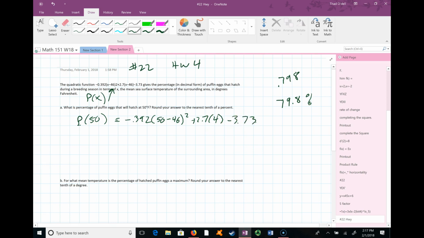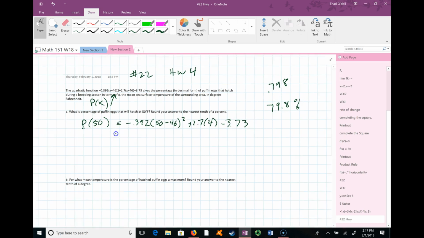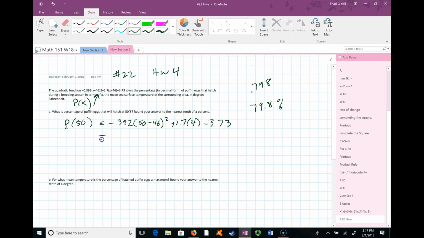If you plug this into a calculator, you should end up with approximately 0.798. So that's the decimal form. Then in my answer, I would put 79.8%. Of course, you don't write the percent. That's already there. You're just entering 79.8 into the answer box.